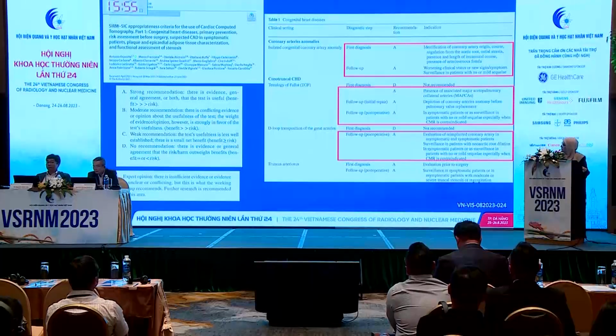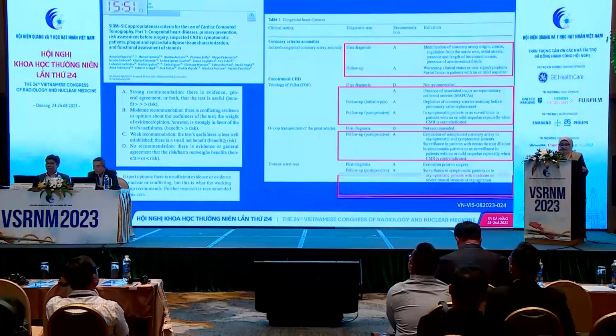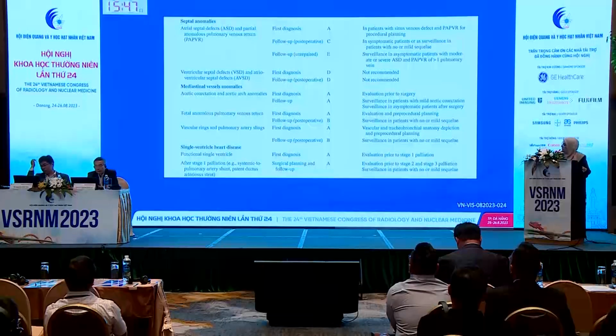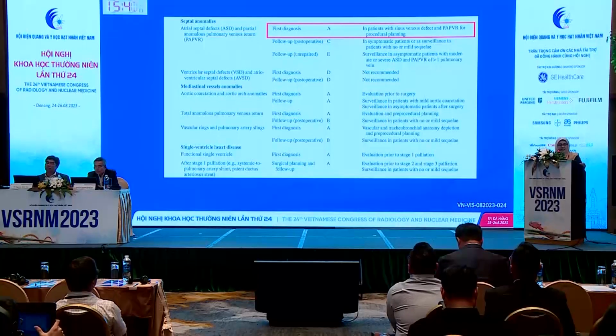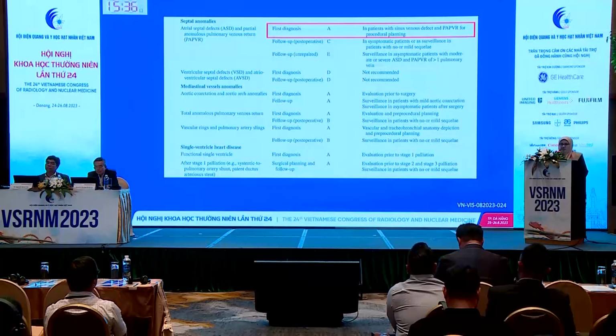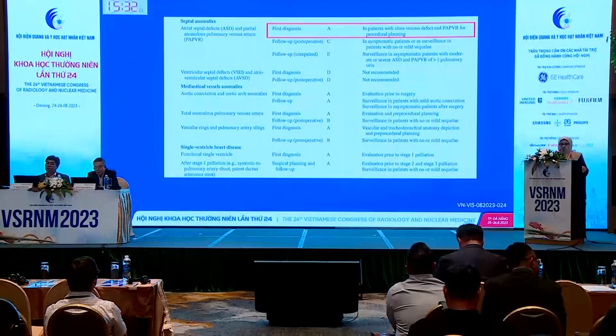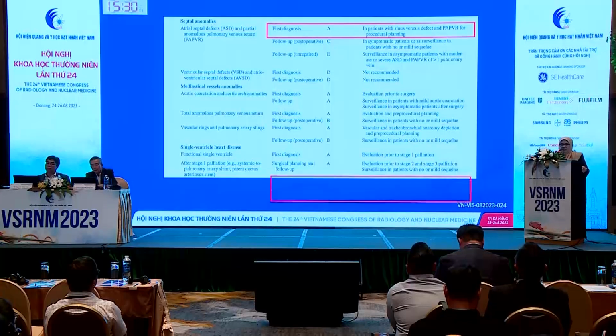Also in conditions such as D-loop transposition of great arteries and truncus arteriosus. Even in septal anomalies, for first diagnosis in conditions such as ASD or partial anomalous pulmonary venous return (PAPVR), it is good to have a CT prior to any procedure.